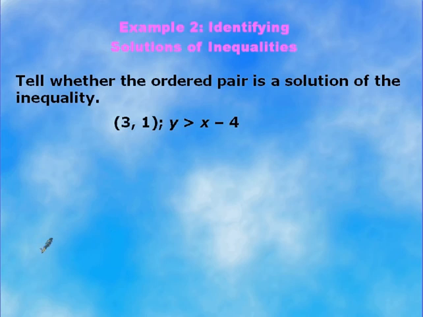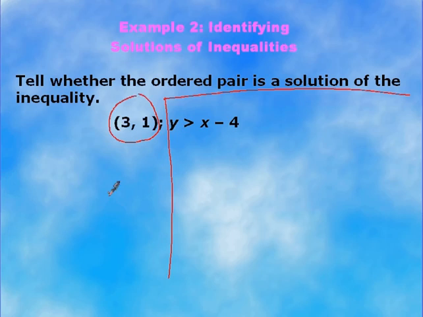All right, well, let's see how this one works out. Here's the ordered pair that they gave us, and there is the inequality. Okay, so the ordered pair, x, y. So now we'll plug them in. Instead of y, we plug in 1, and instead of x, we plug in 3. So is 1 greater than 3 minus 4?